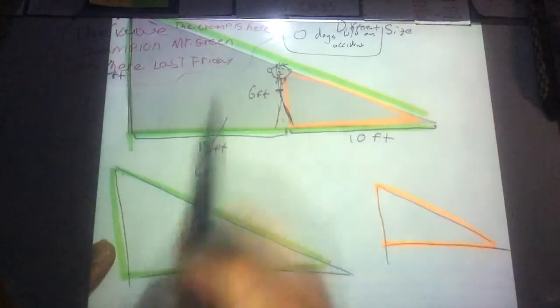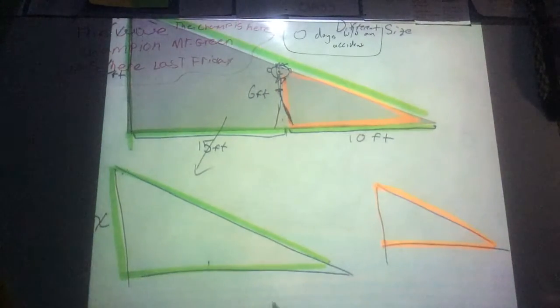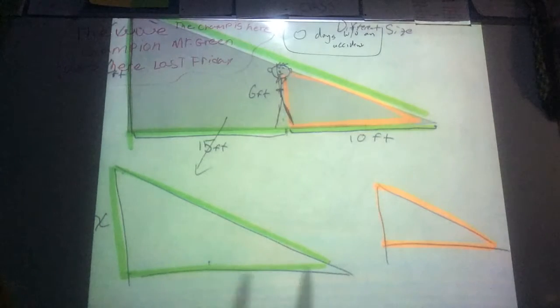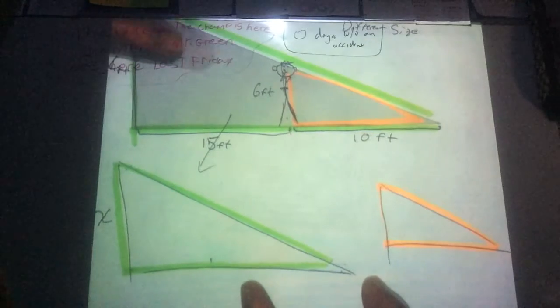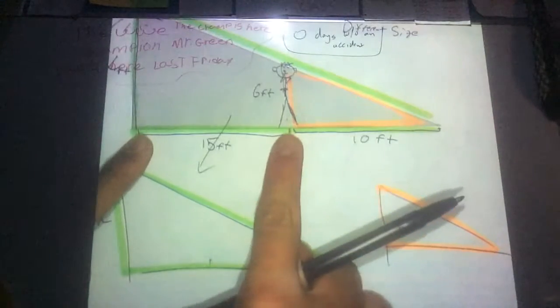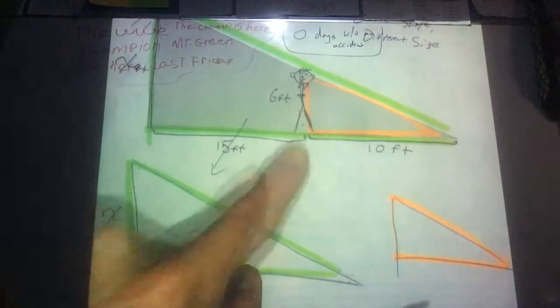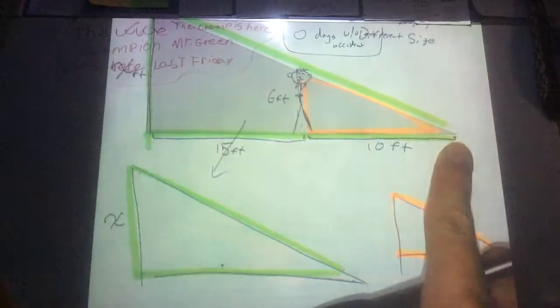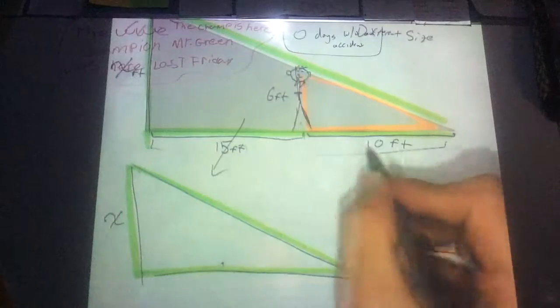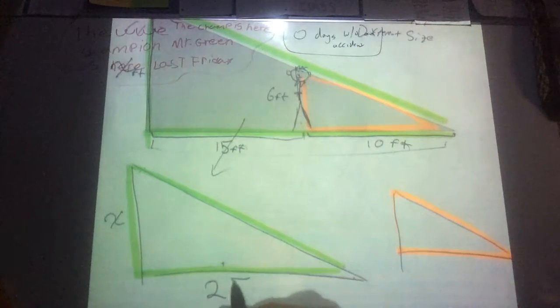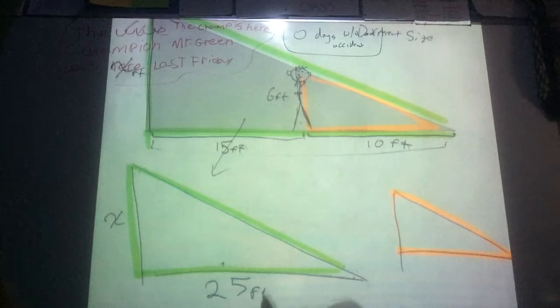Here's the entire triangle. Now we're trying to solve for this x. We don't know this distance, but we know parts of it. This chunk right here is 15 feet. And this chunk right here is 10 feet. So the entire thing is going to be 15 plus 10, which is 25 feet.